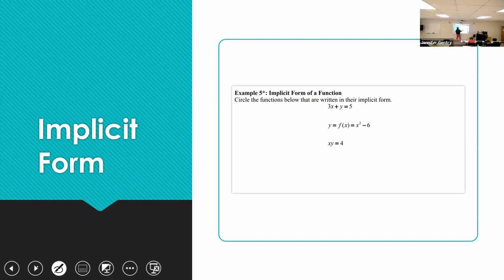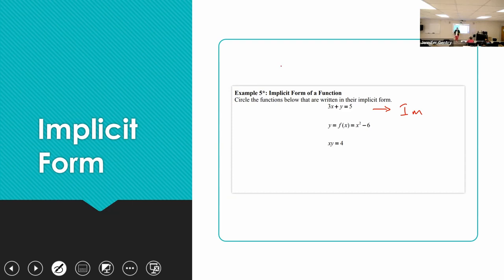Implicit, because you have to solve something, you have to go find it. This one right here, y equals f of x, which equals something. Is it just flat out telling you what it is? Yes. Explicit.